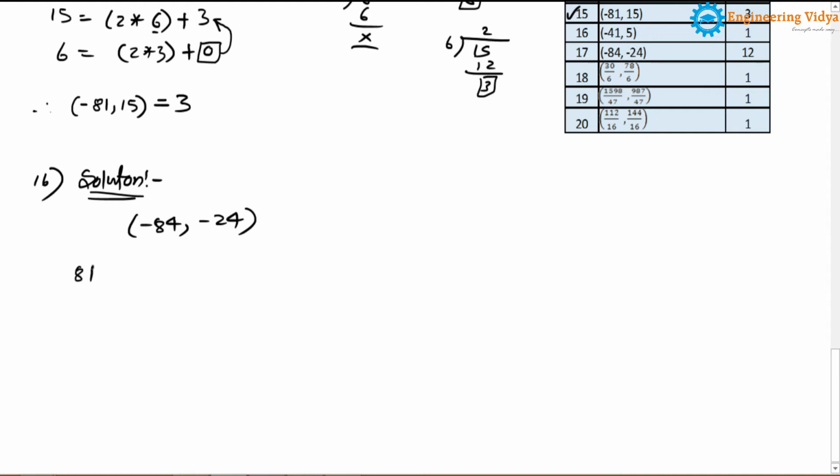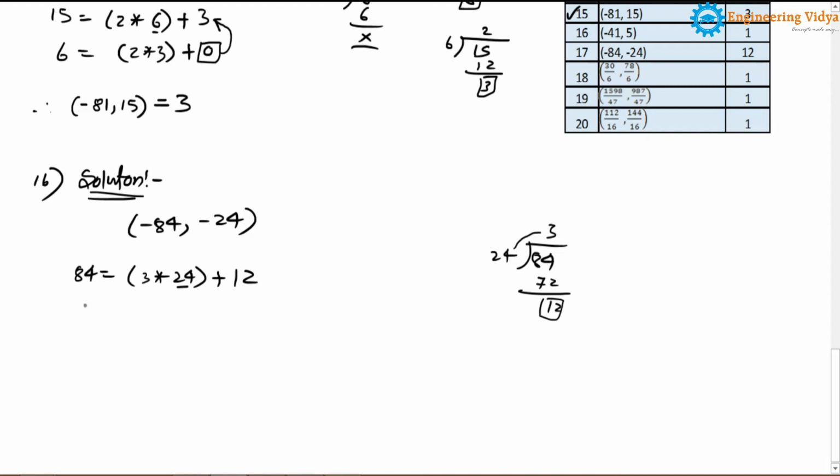Here 84 will be divided by 24, so it goes 3 times, 72 will come, and the remainder will be 12. So it can be written as 3 into 24 plus 12.